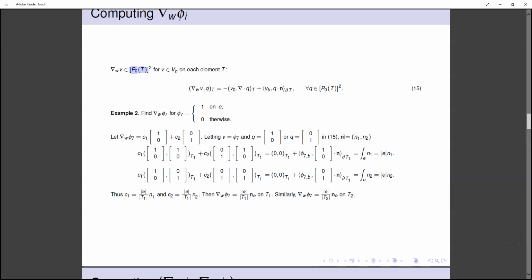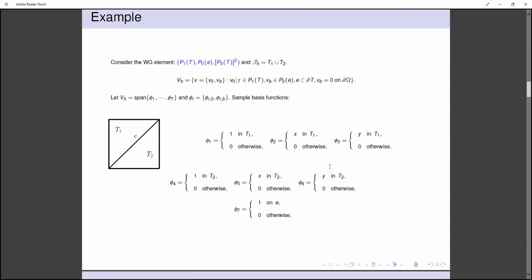Okay. N there is the outward normal with 2 components, n1, n2. And the phi7b on T1, okay, this is the boundary of T1 with 3 edges. And phi7b is only non-zero on E and 0 on these 2.